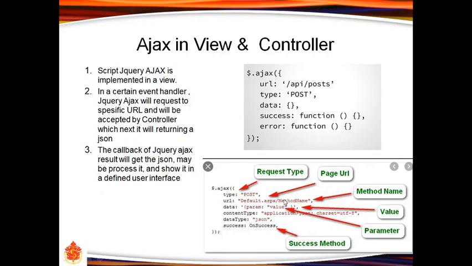This is the parameter and this is the value. We can put more than one parameter. Then after success, we can create an anonymous function here, or call some function here. Data type is the data type that will be returned in this function. The default is JSON, in the form of JSON.